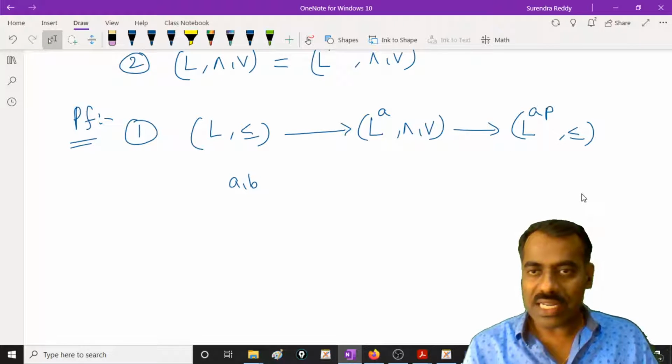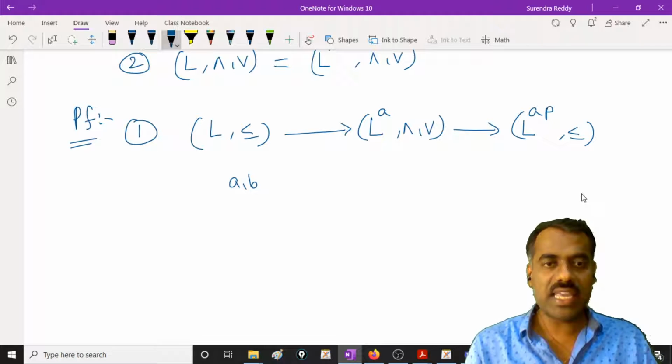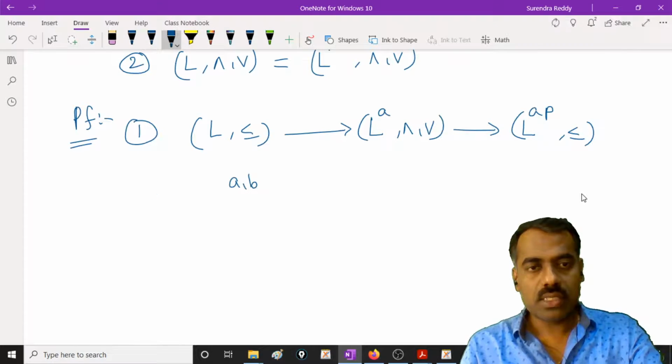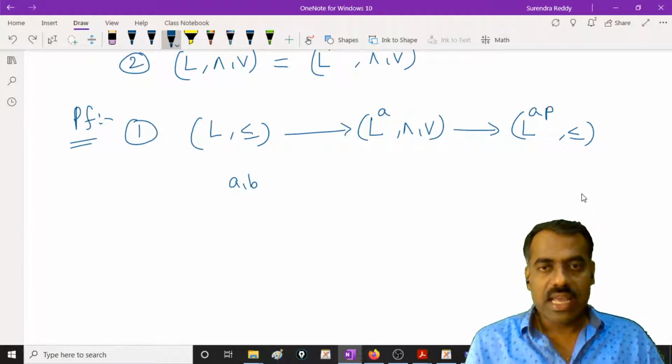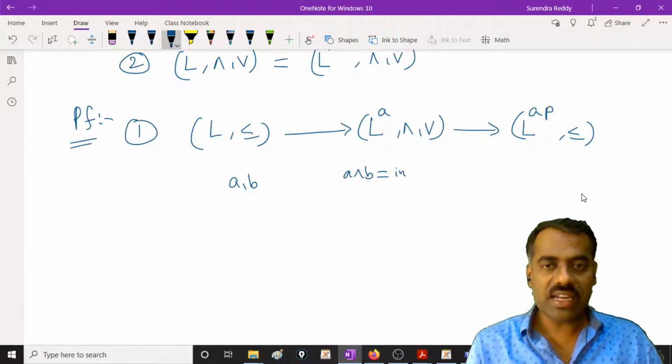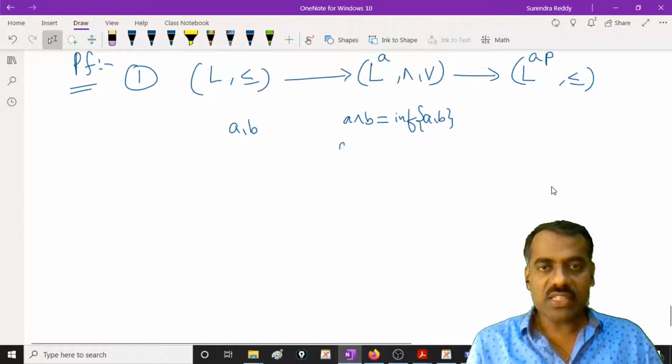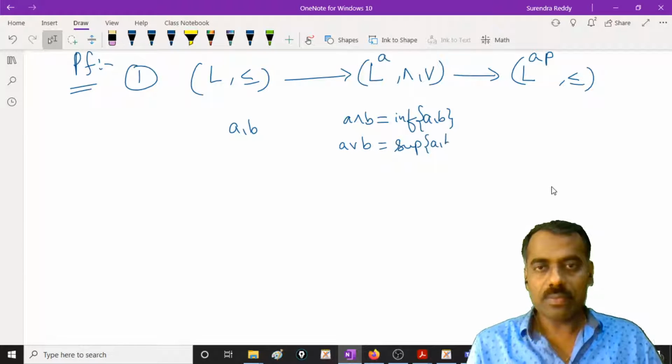I want to show that those two elements also have the same relation here. Before writing this, just understand first what the relation is. How are meet and join defined here? How is a meet b defined? It is the infimum of a, b, and a join b is the supremum of a, b.